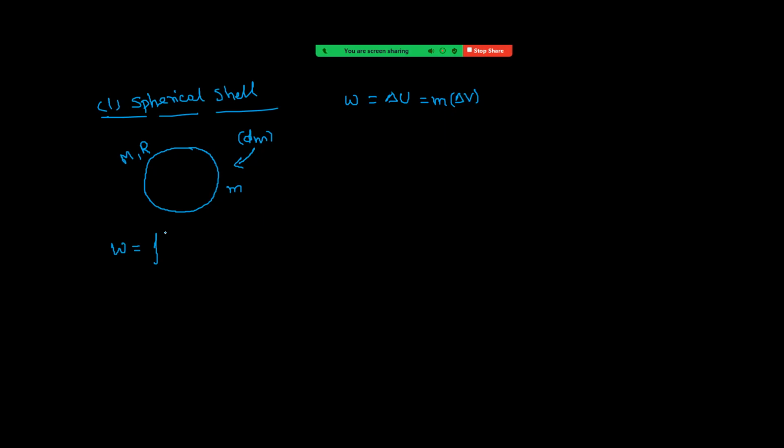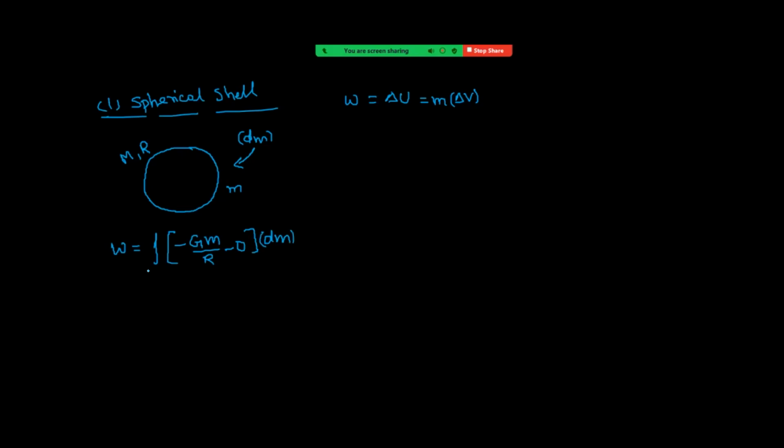Now use that result here. Potential difference: bringing from infinity, the potential is zero, and on the surface the potential is minus GM by r. So the potential difference into mass dm.